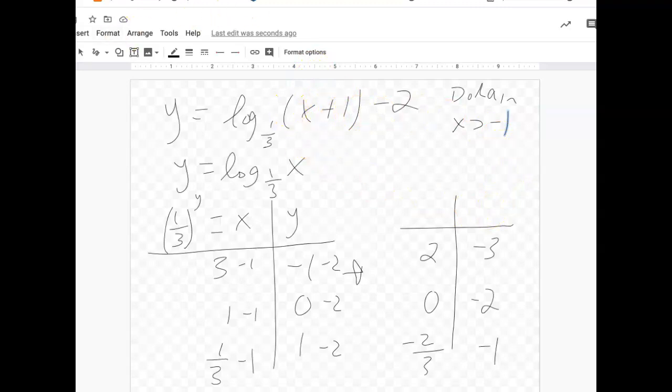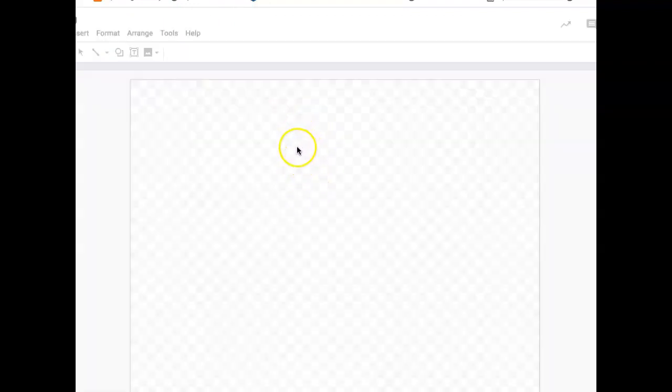And so let's go to a new page, and we'll go ahead and plot these points.